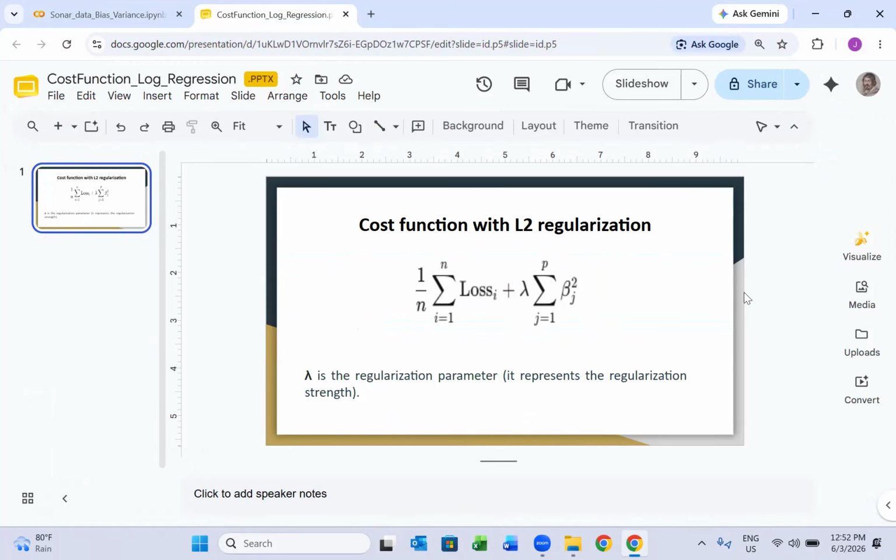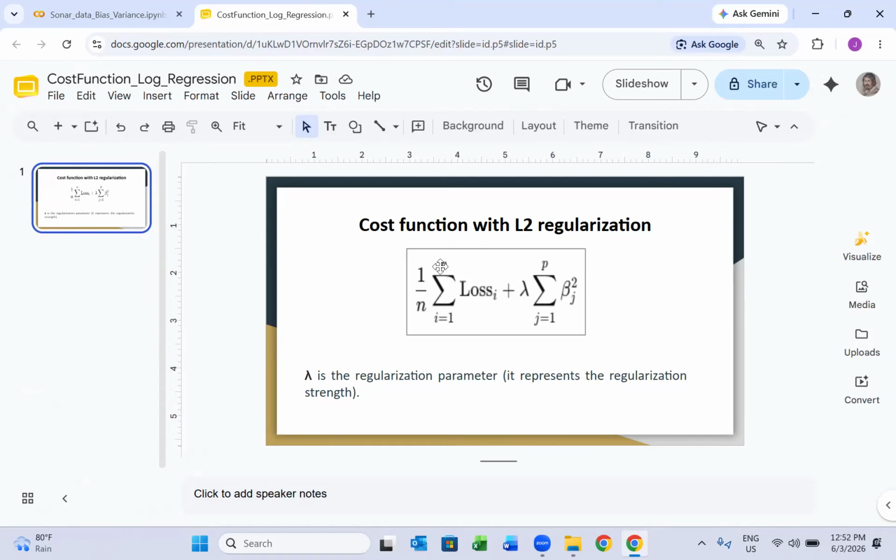So to understand the impact of lambda in a regularized cost function, if we are using an L2 regularization, which is the kind of regularization I will be using in this video, this is the cost function.